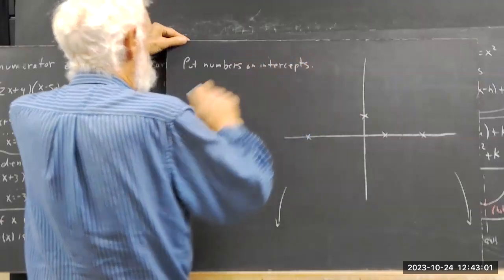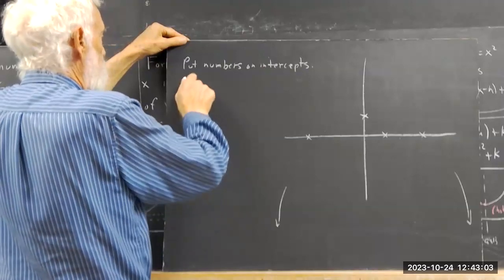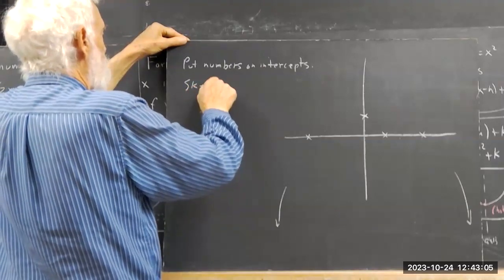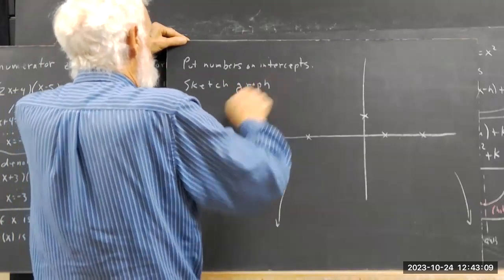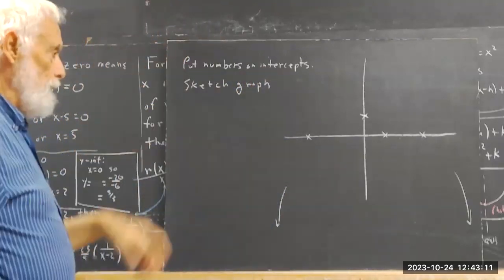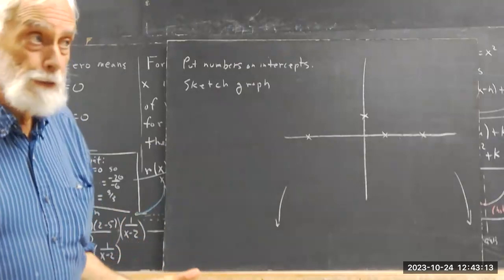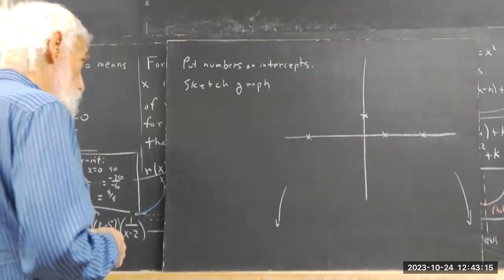Put numbers on your intercepts. Sketch a graph, and I'll even tell you there are 2 different ways it could be sketched. You have 2 choices when you get to a certain point.